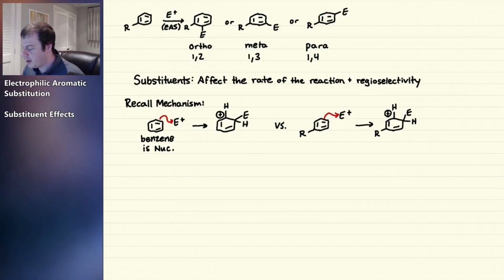Okay, there's our carbocation intermediate. Now, that pre-existing substituent, that R group, could either stabilize or destabilize that carbocation. That's going to be able to affect the rate of the reaction and the regioselectivity. So here we have a pre-existing substituent.